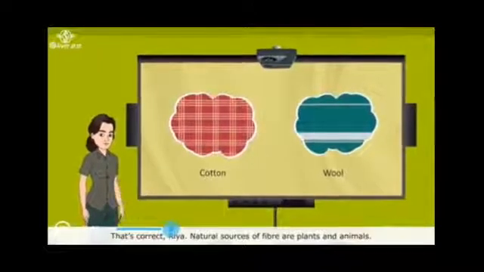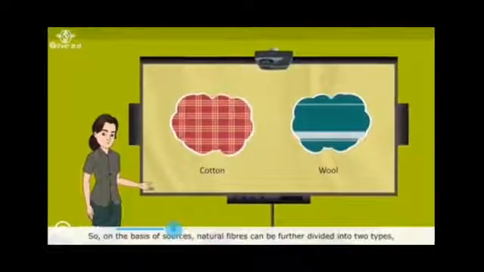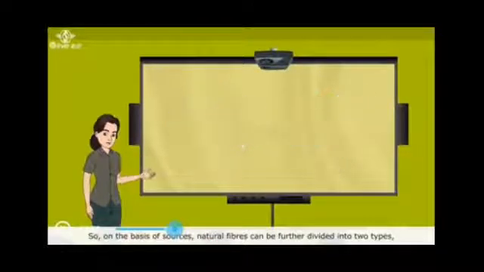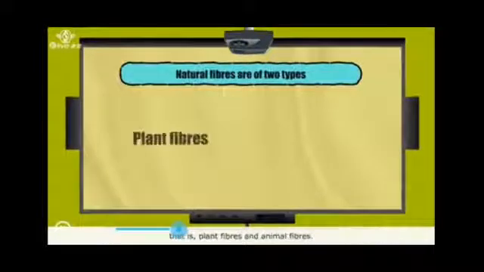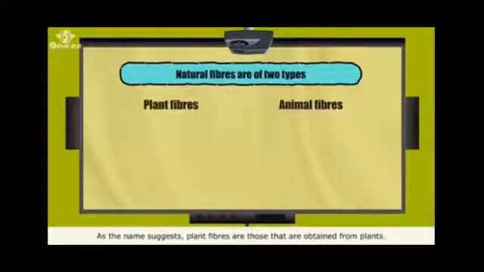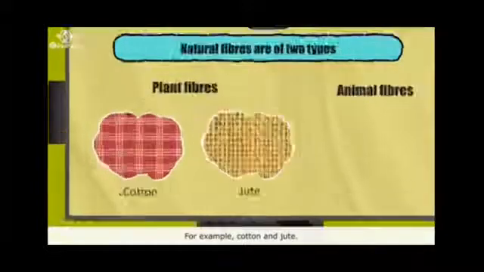Natural sources of fiber are plants and animals. So, on the basis of sources, natural fibers can be further divided into plant fibers and animal fibers. Plant fibers are those obtained from plants, for example, cotton and jute.